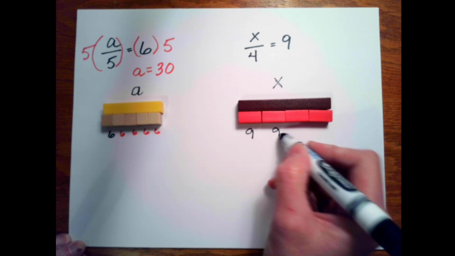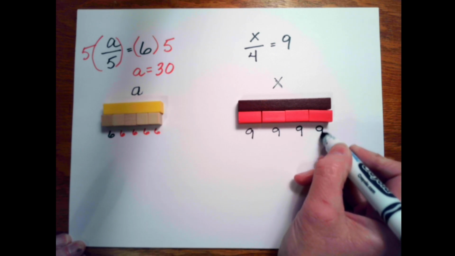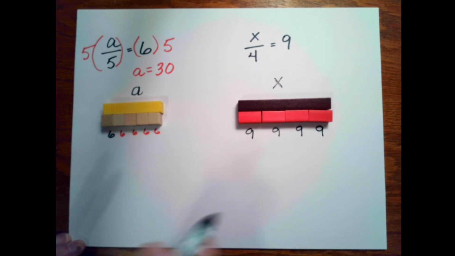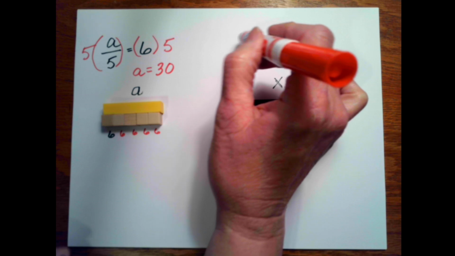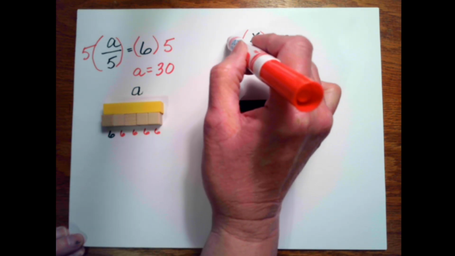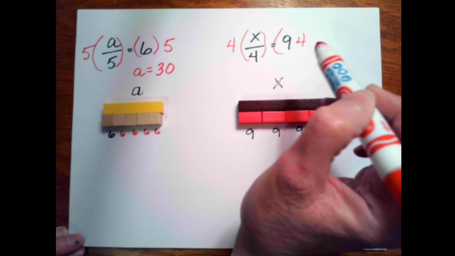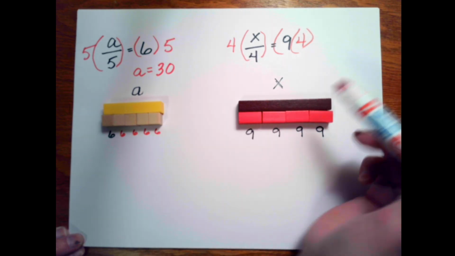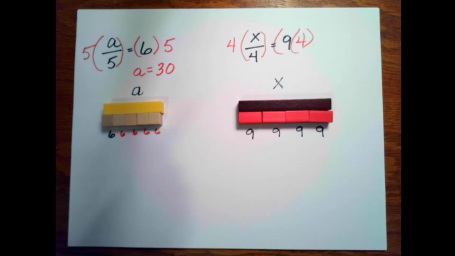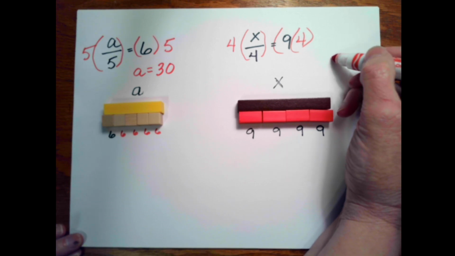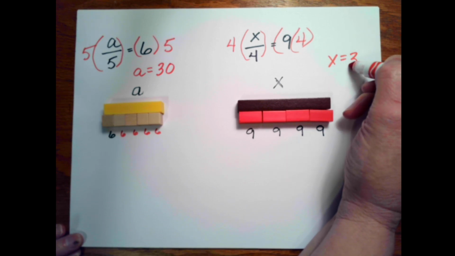So if I want to find the value of X, I need all of the parts. So I'm multiplying that by 4 because I need all of them. So now I know that X equals 36.